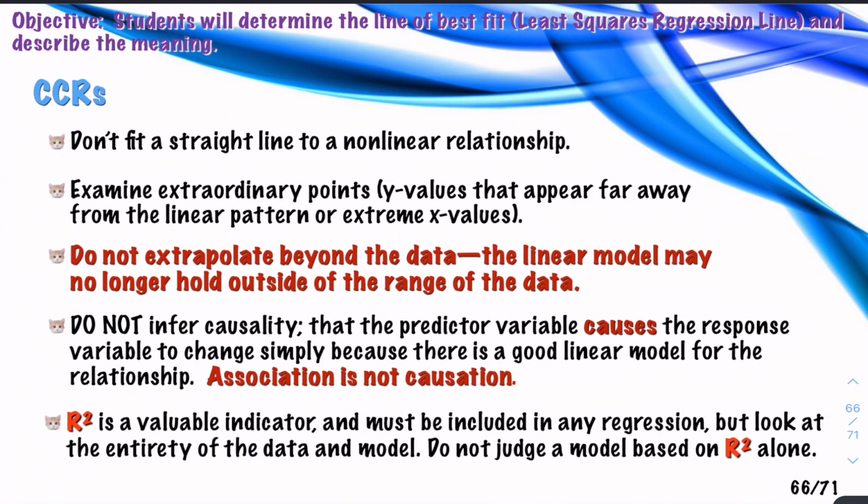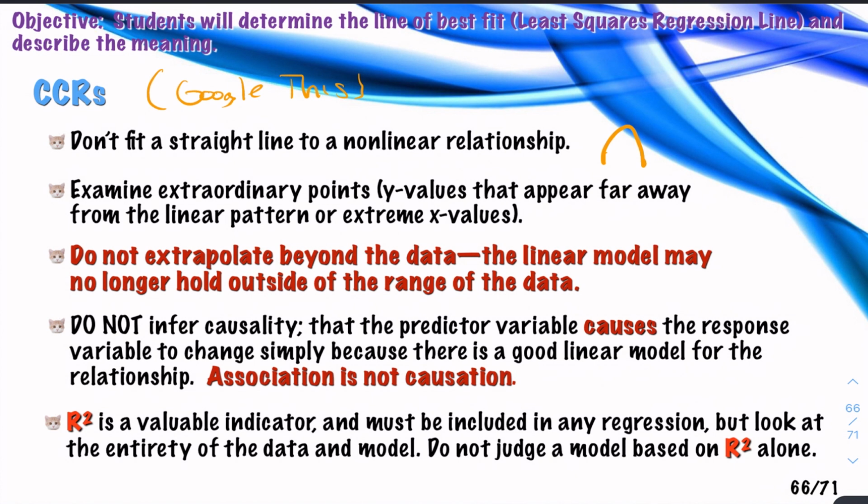So CCRs, if you Google this, these are words of advice. Covenants, contracts, things to keep in mind. First, don't fit a straight line to a nonlinear relationship. If you see that there's a curve, it doesn't make sense to do a linear regression. We're done. We stop there.